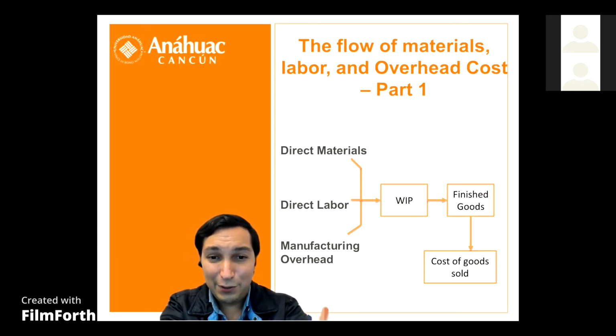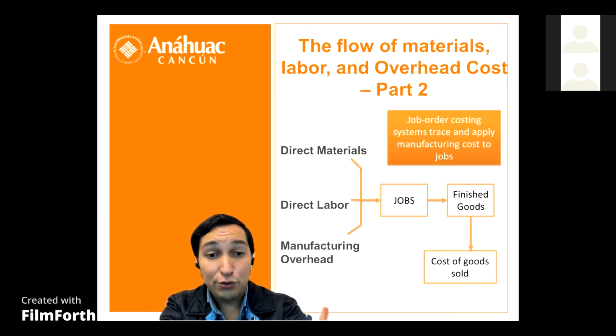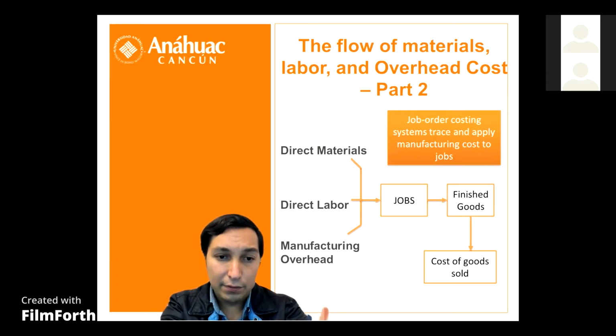That's not new, right? We've looked at this model before in job order costing. And then in a job order costing system, we trace and apply manufacturing cost to jobs. When it's done, it goes to finished goods, and then it gets sold.